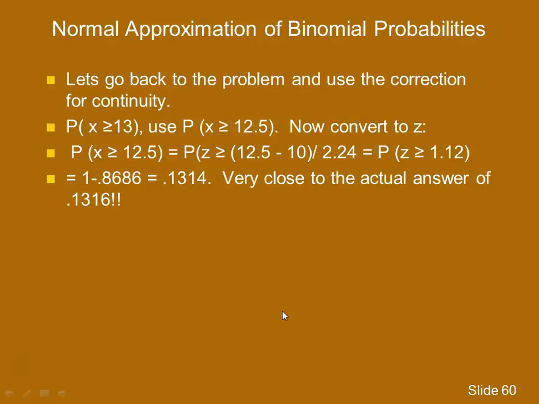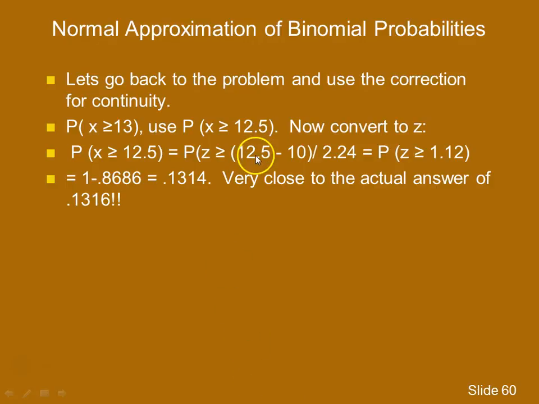So, let's go back to the problem we were doing and apply the correction for continuity. We wanted the probability that x is at least 13. We know if we just solved for it the way it is, we will get an underestimate. So we enlarge the area by half a unit and take x bigger than or equal to 12.5. Now convert to z like before.